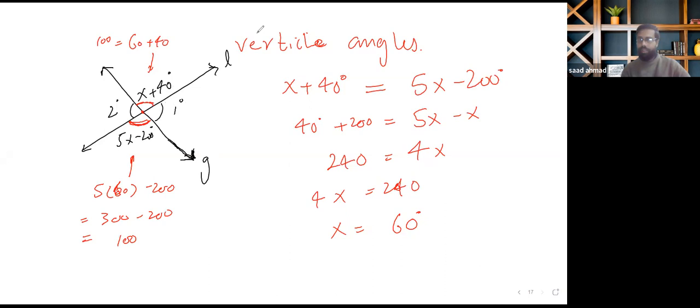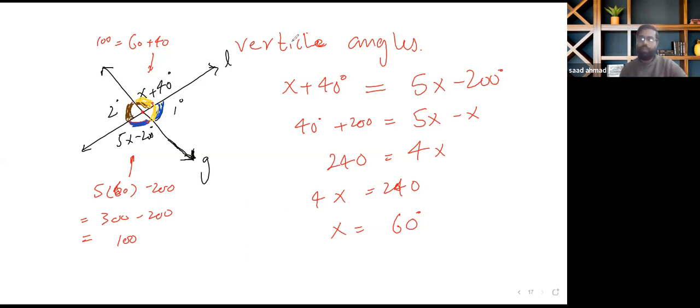Let me give them a different color, blue. These two angles make up a line. Similarly, we can use different options: this one and this one also make a line, or the yellow ones also make a line. We can use any of that and write it equal to 180.